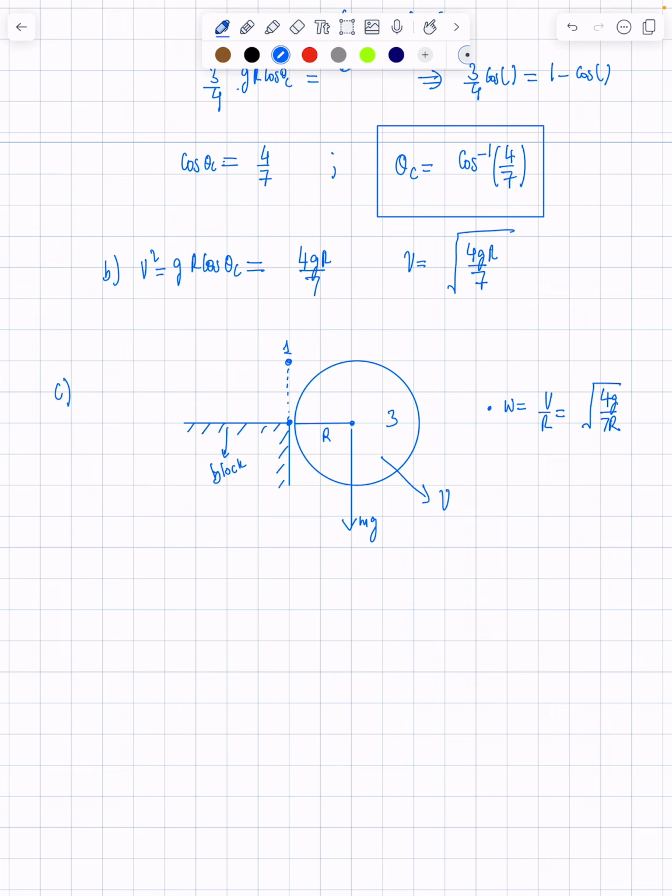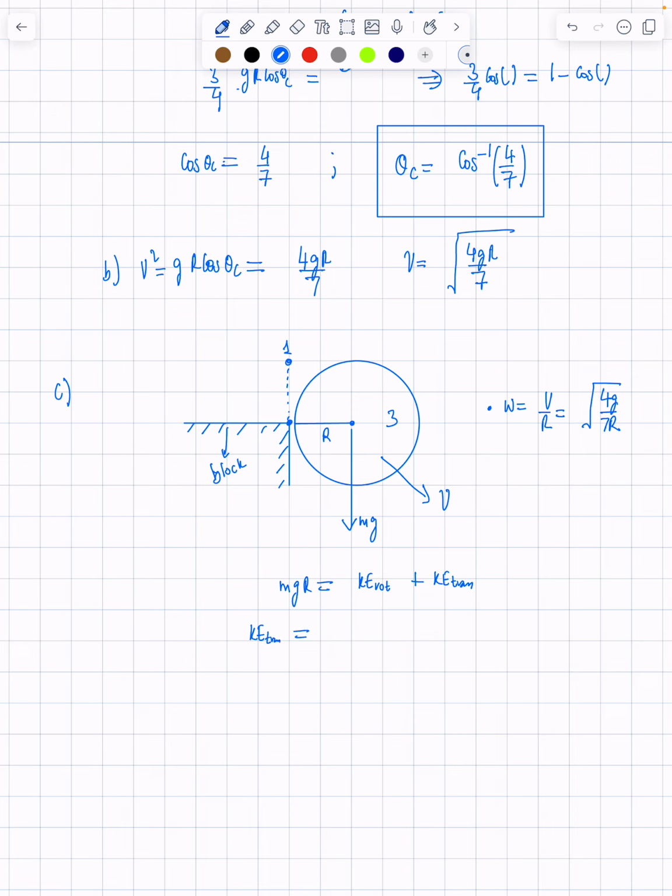So from point 1 to point 3, the change in potential energy is mgr because the height is r, and the total kinetic energy is the sum of rotational and translational kinetic energy. So we have to find here the translational kinetic energy.